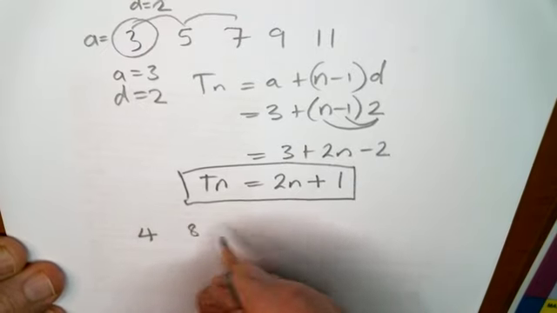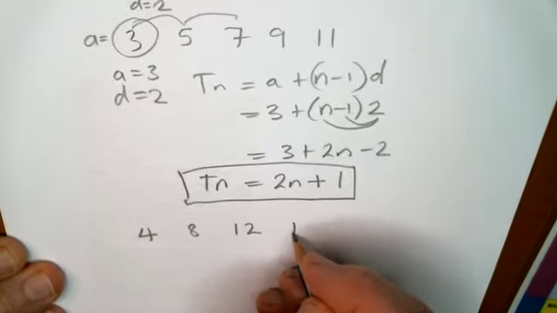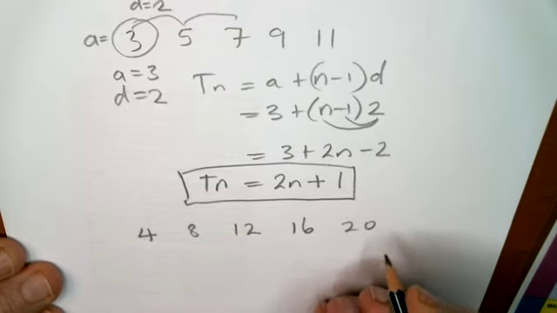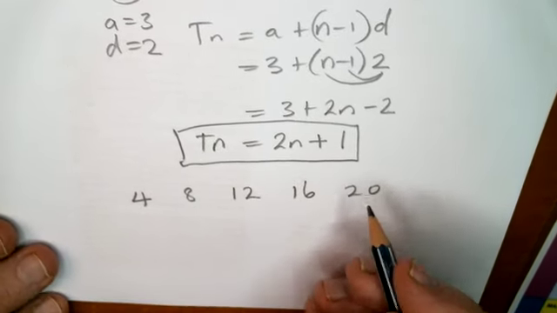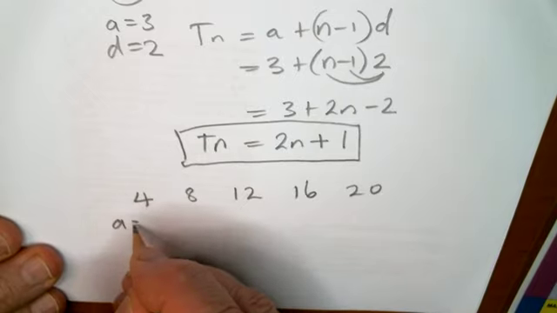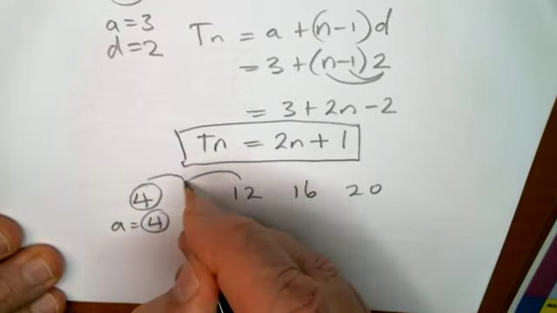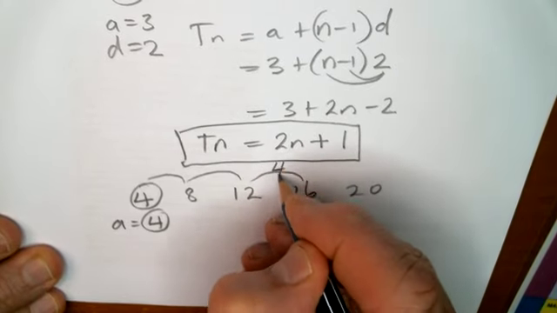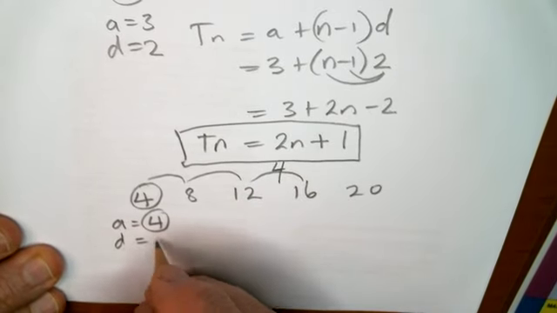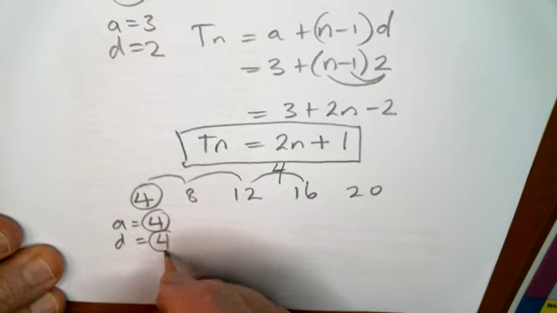This time I'm going to go 4, 8, 12, 16, 20. So let's have a look at our first term in this case. A is equal to 4. There's our first term. The difference between each of these I can see is going to be a 4. So D in this case is going to be 4.